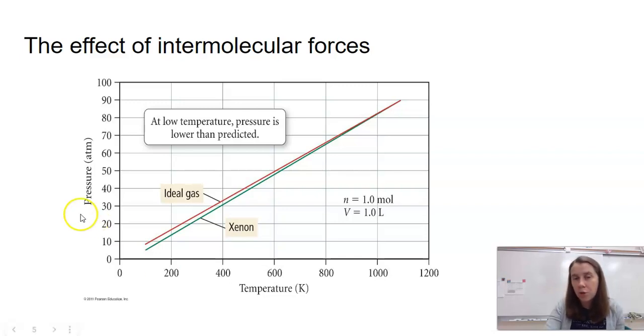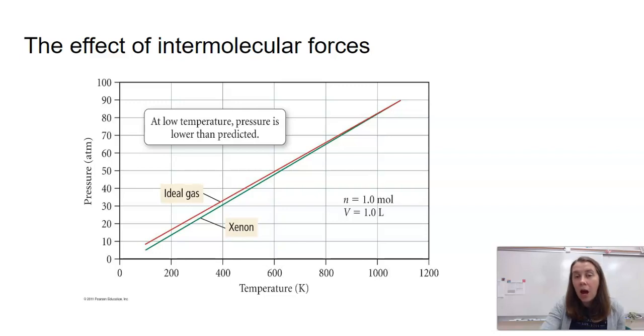Okay, so as our temperature gets lower, they slow down and the intermolecular forces become noticeable because they don't have very much kinetic energy. But if we're at high temperature, then they're moving very fast. They have a lot of kinetic energy, and that overcomes any sort of attraction between particles.